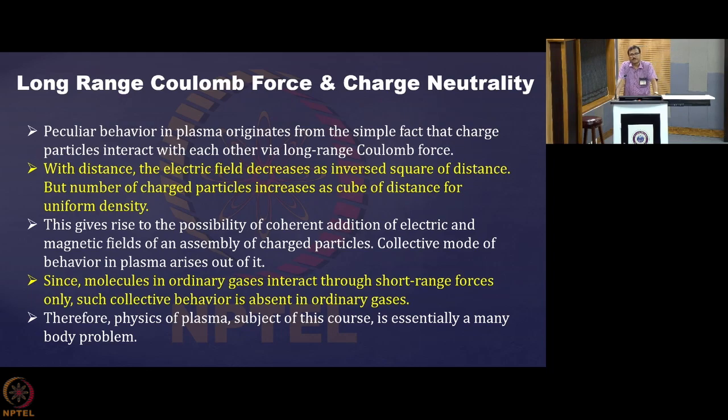Now, just think about this: with distance the electric field decreases as the inverse square of distance, but the number of charged particles increases as the cube of distance for uniform density. So, this gives rise to the possibility of coherent addition of electric and magnetic fields of an assembly of charged particles. Collective mode of behavior in plasma arises out of that.